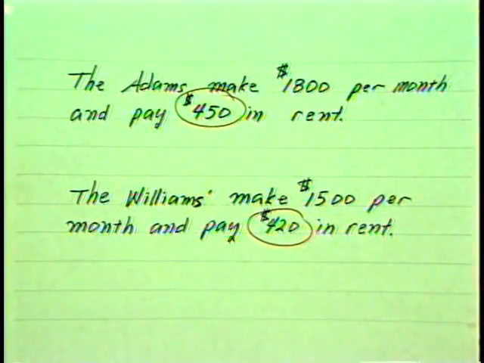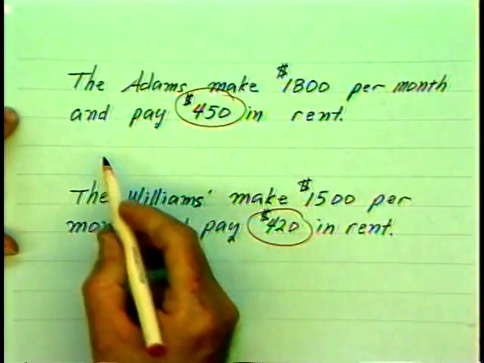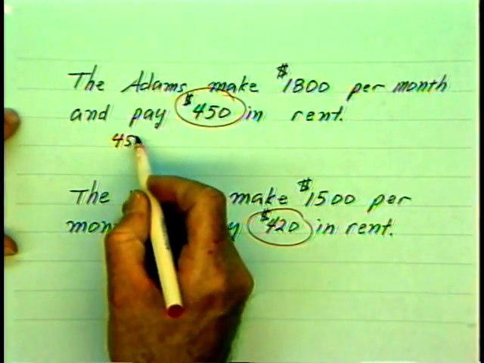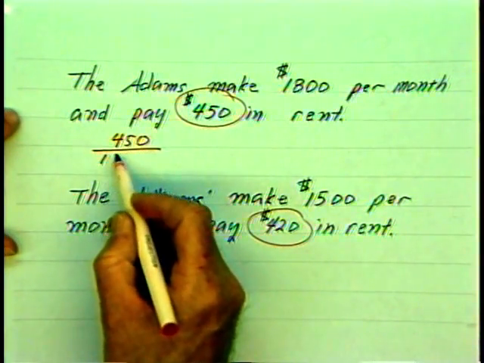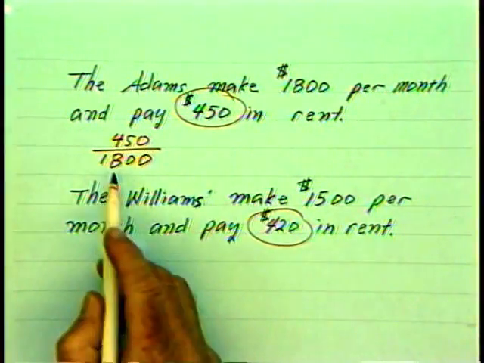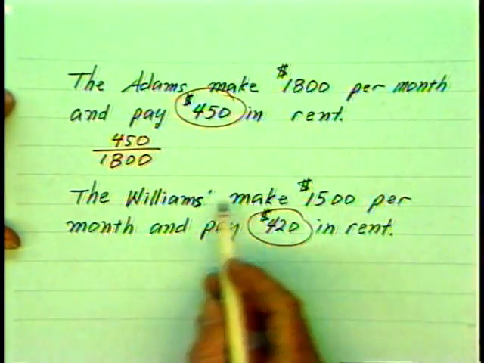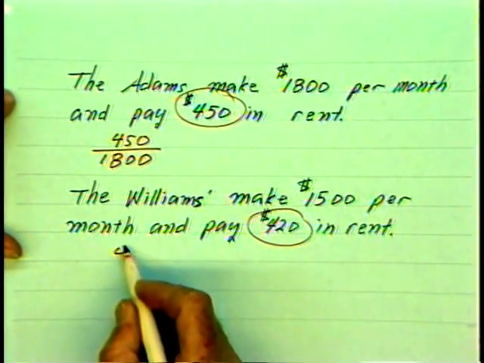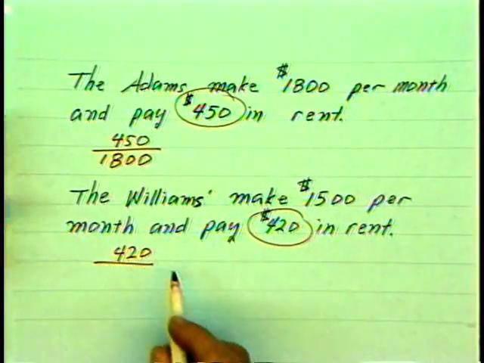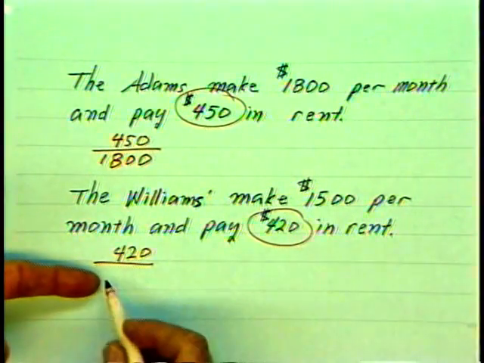But let's look at it this way. The Adams pay $450 out of $1,800 per month they have available. And the Williams pay $420 out of not $1,800 but less money.